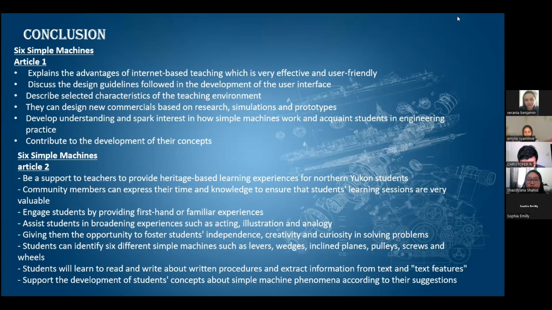In English language arts, students will learn to read and write about writing procedures and extract information from text and text features. In addition, this can also support the development of student concepts about simple machine phenomena according to the suggestion. Next slide.